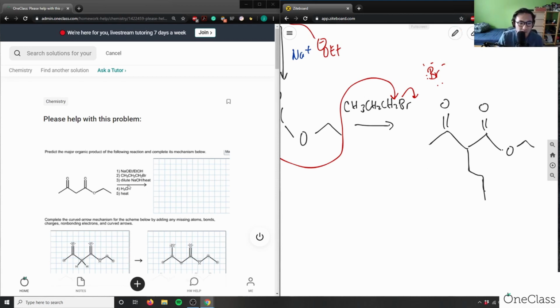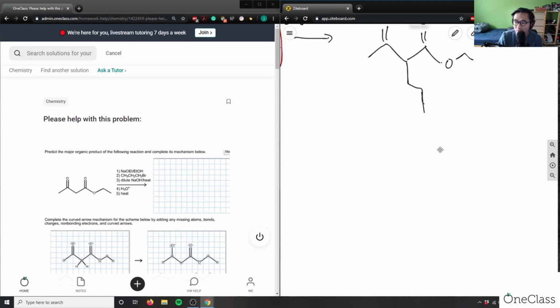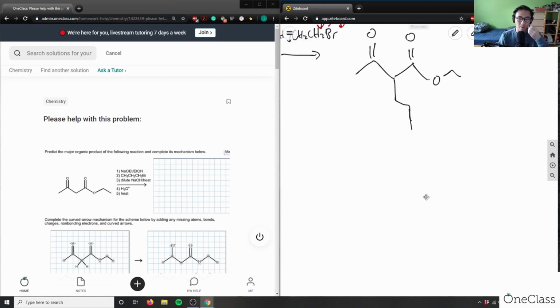What's going to happen now is I have dilute NaOH, sodium hydroxide, and heat. So what is that going to do? Dilute NaOH and heat means this is a hydrolysis reaction, because currently I have an ester, and it's going to hydrolyze. Again, the opposite of condensation.